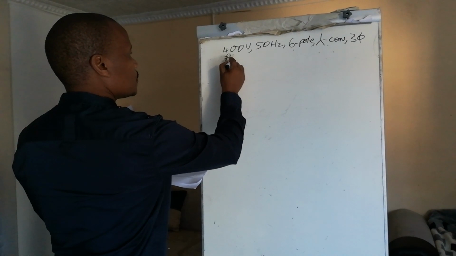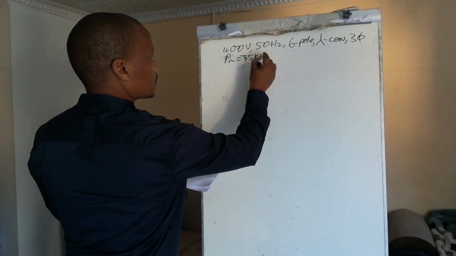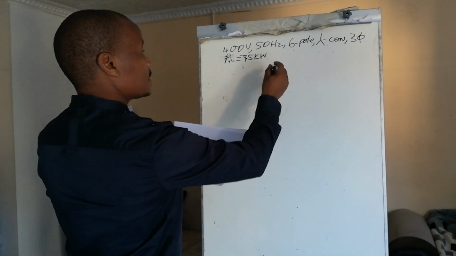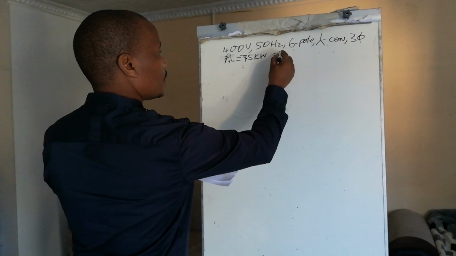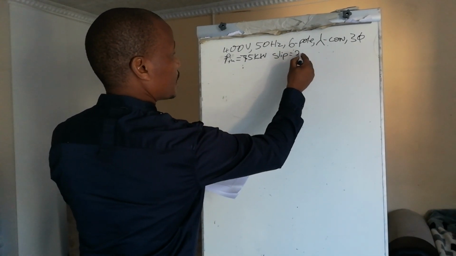The input is 75 kilowatts, and it runs at a slip of 2.5%.